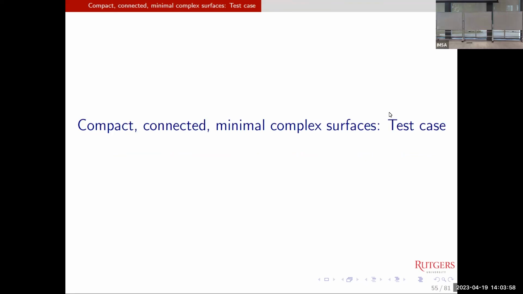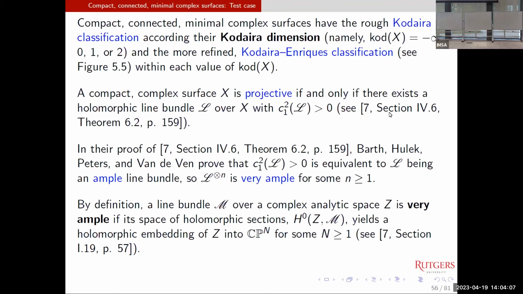So that's what we call the test case, where we have compact connected complex surfaces.